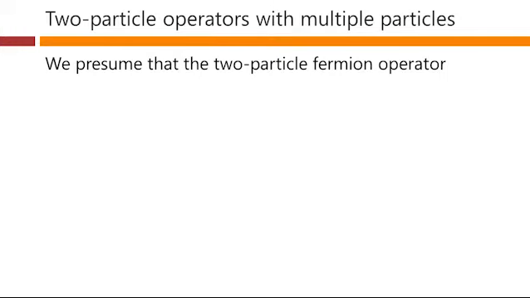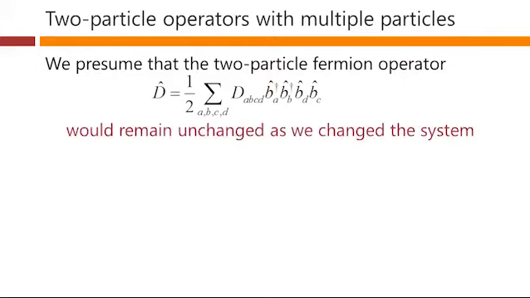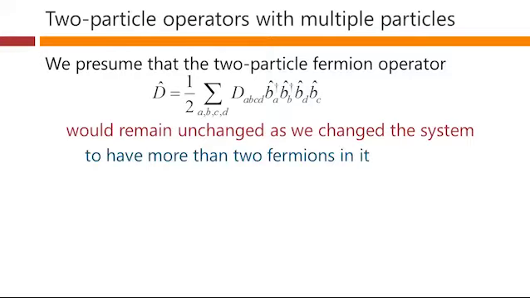We presume that the two-particle fermion operator that we've just written down, by evaluating specifically for two particles, would remain unchanged as we change the system to have more than two fermions in it. We're not going to run through that algebra. We ran through it for the single particle case, and it was fairly complicated.